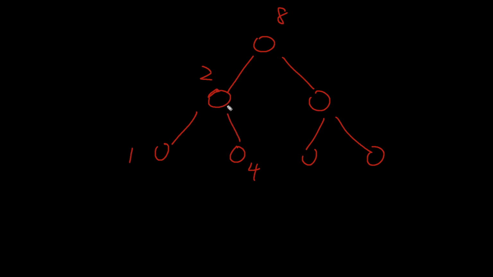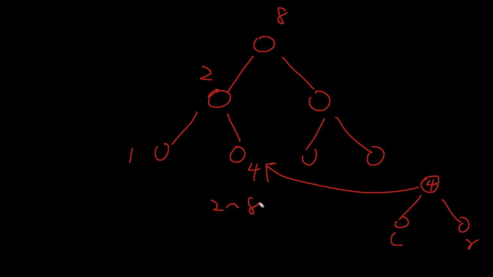Let's say every time we try to merge, we find another subtree BST with a root of 4, with some left and right. So how can we know if we can merge this 4 to here? As you can see, we need to check. Each of the BSTs is a valid one, so we don't need to worry about that. But what we need to check is whether this left and right are within the range, 2 to 8 in this case.